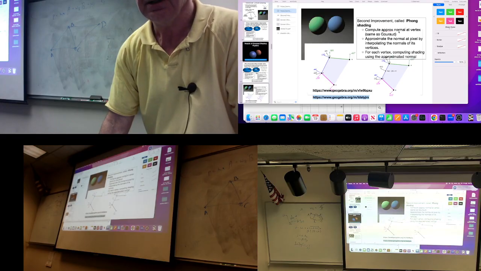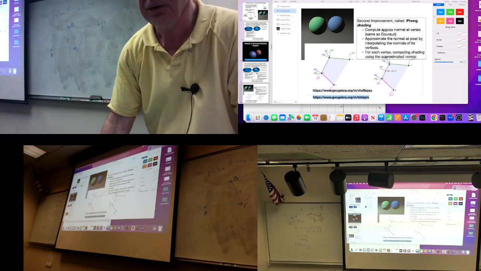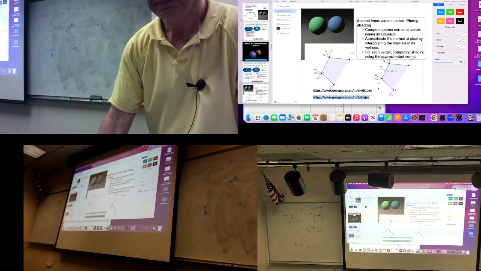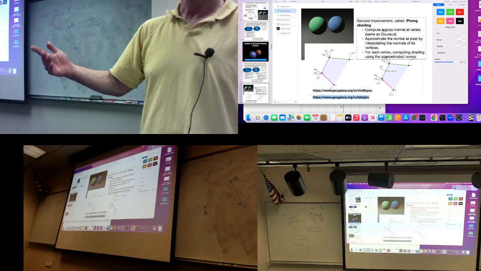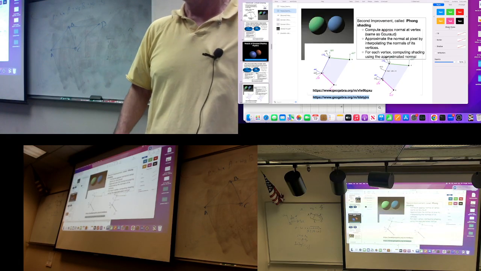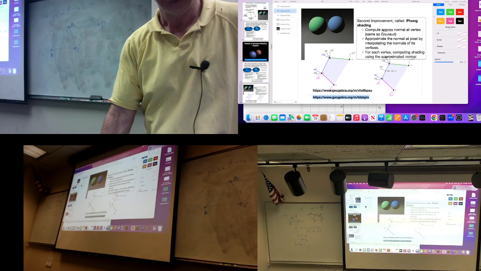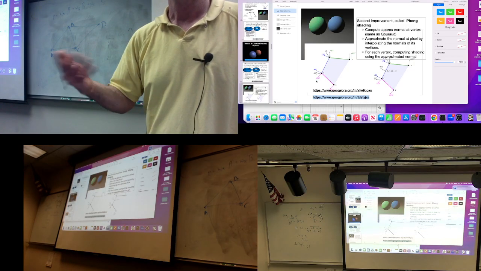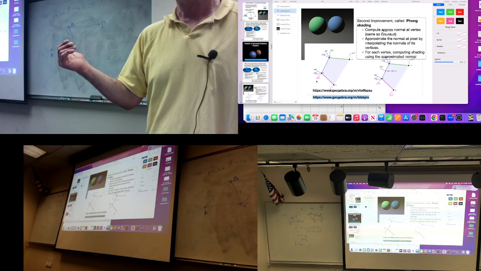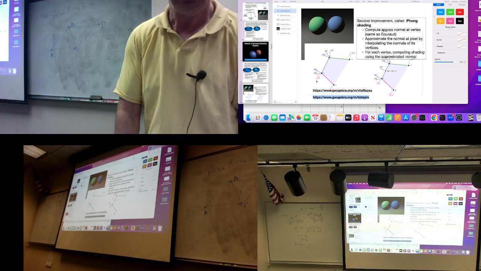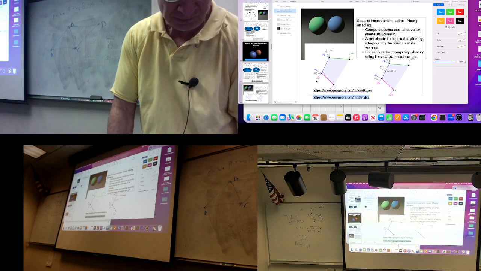And Gouraud shading just says you compute the color based on all the shadings that we have, specular, diffuse, and ambient, of course. Compute the color of each one of the vertices, and now approximate using the barycentric coordinates along the triangle. Right?